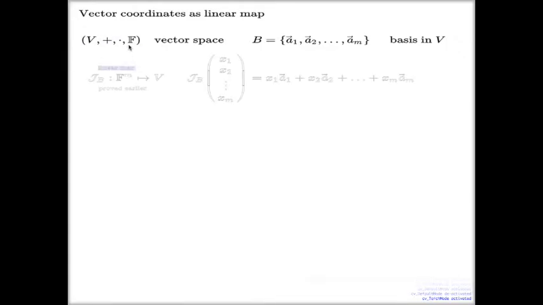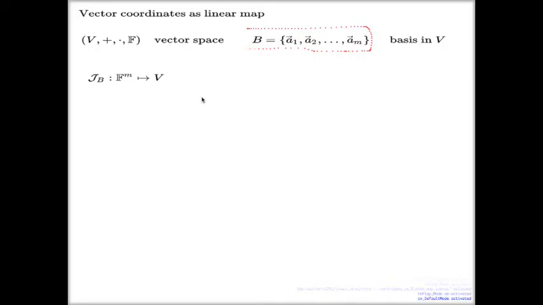It's a map which takes m tuples into elements of this vector space V. Back on Thursday, I used the generic letter T to denote that map. This time, I introduced a special symbol which will be fixed for this type of map from now on: J sub B. This sub B reflects the fact that the map depends on the choice of a basis.